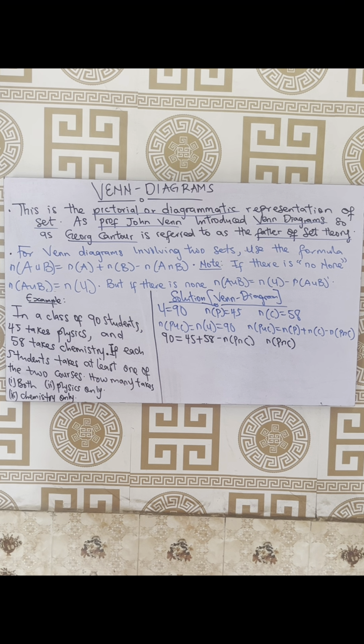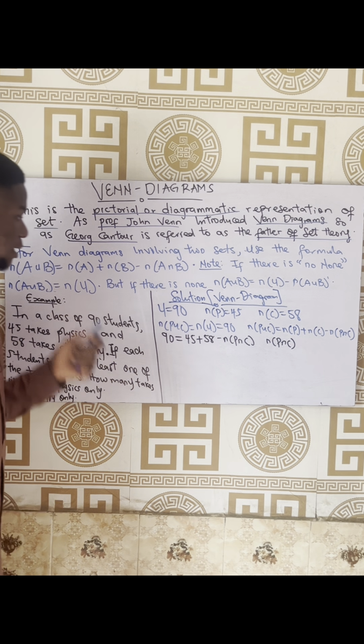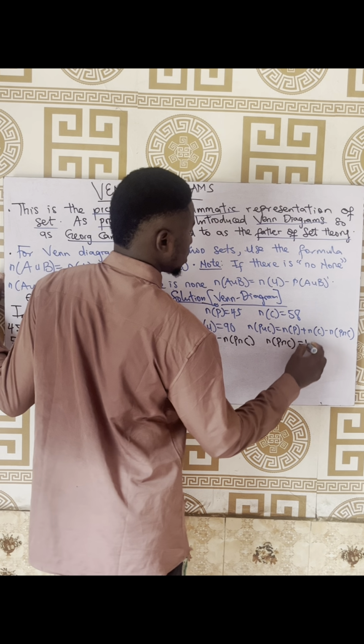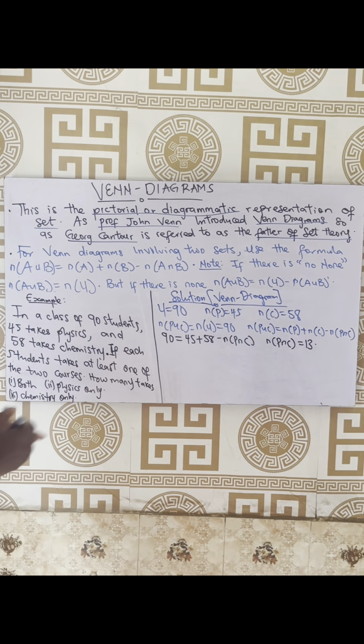That should be 103. Then what is 103 minus 90? That should be 13. So your P intersection C will equal what?